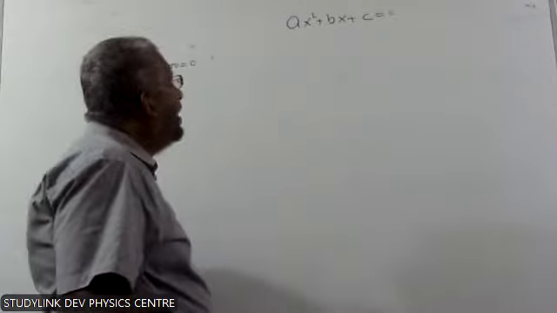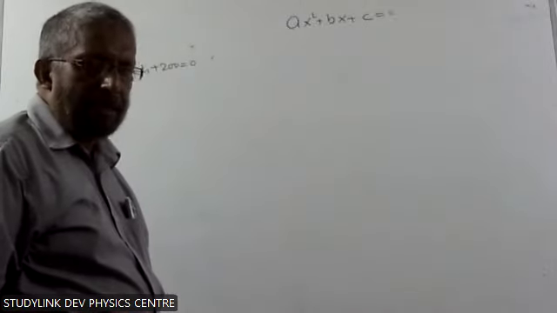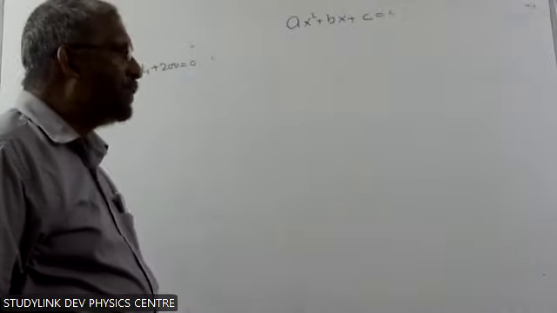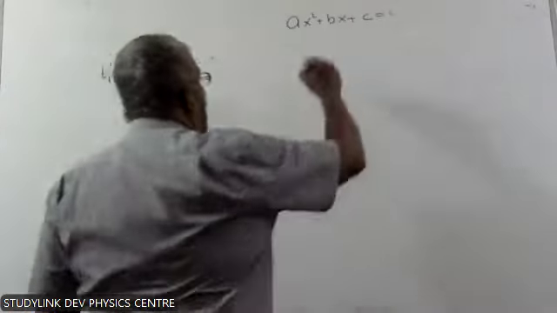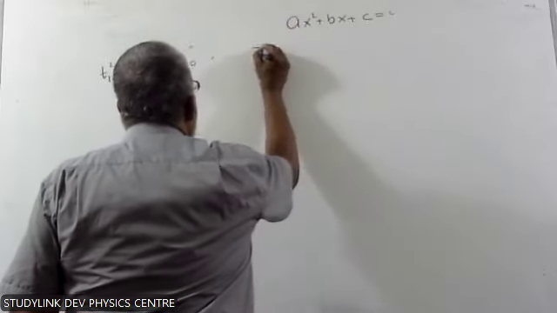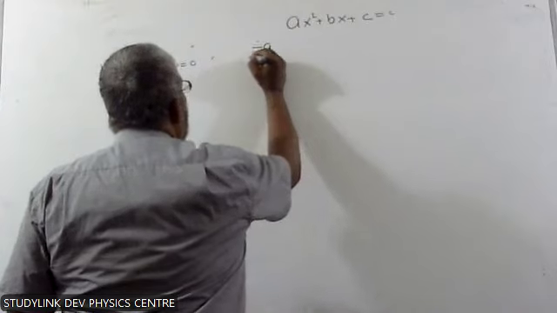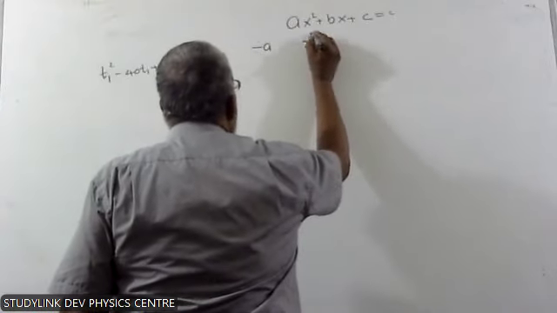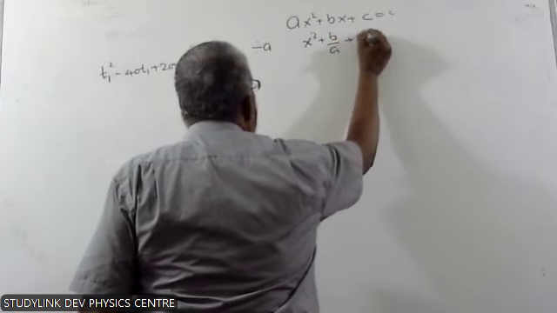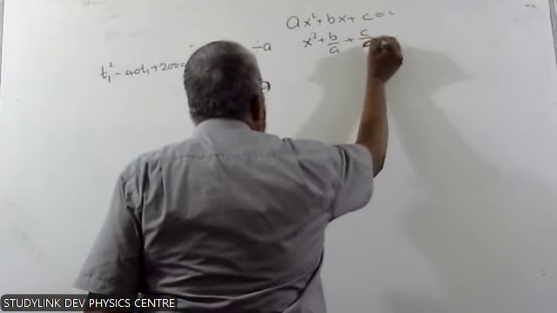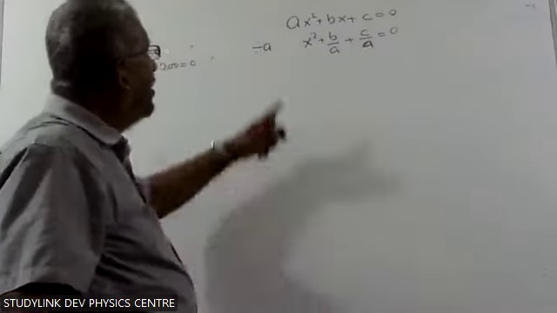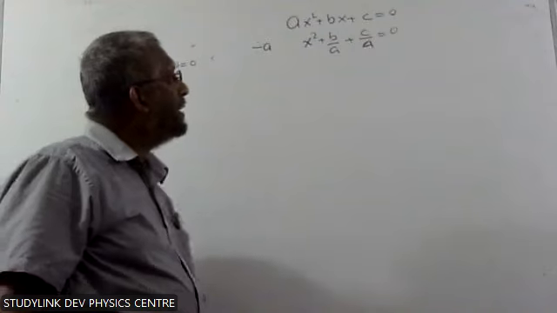Then we have different methods. Completion of square is one method. What we do is make this coefficient 1 by dividing by a. So then you get x squared plus (b by a) x plus c by a is equal to 0. What I did was divide the whole equation by a.